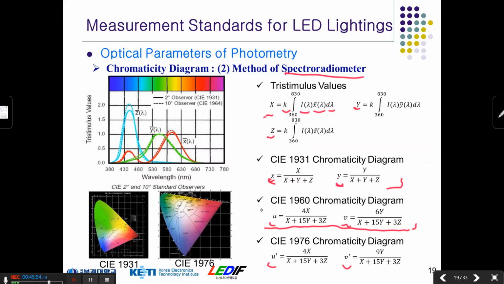U prime V prime color coordinates, that is the CIE 1976 chromaticity diagram, can be calculated using these formulas. U prime V prime color coordinates have equal spacing, therefore replacing the unequal color space of xy color coordinates.